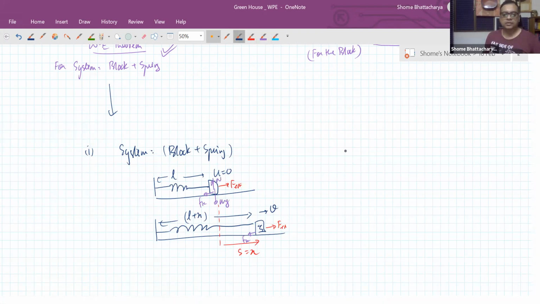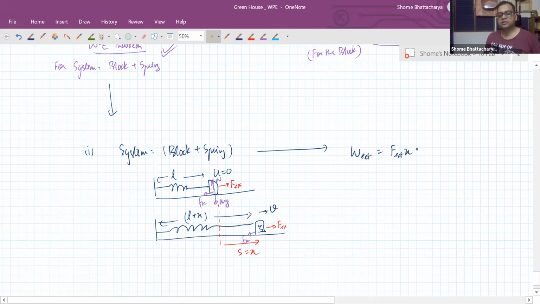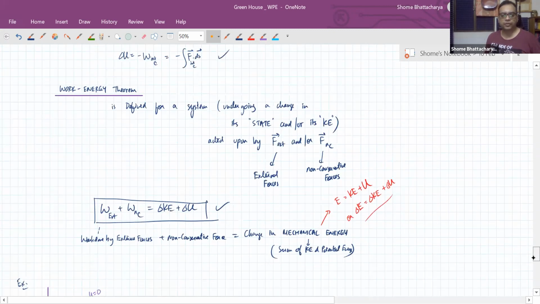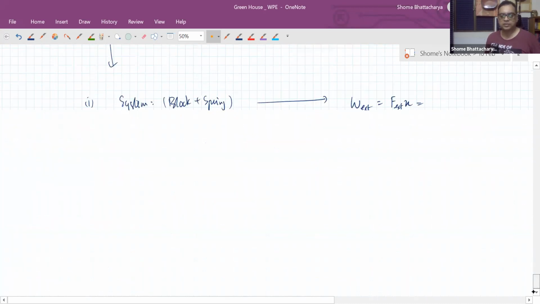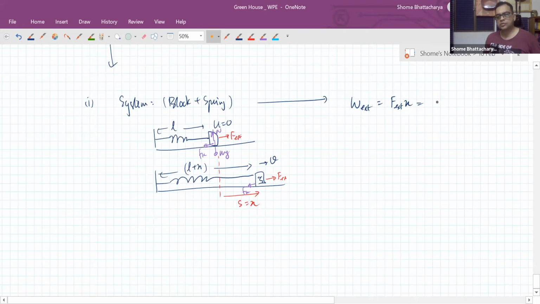You can see that the work done by the external force for this system will be F external into x, because F external was a constant force of 10 newtons magnitude. And we want to find out for a displacement of 2 centimeters. So 10 newtons multiplied by 2 centimeters becomes plus 0.2 joules.